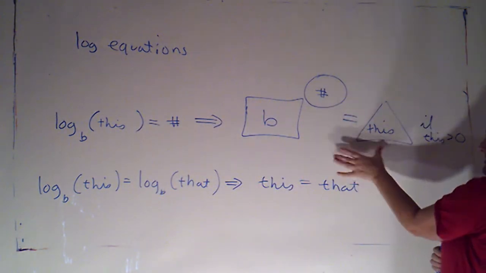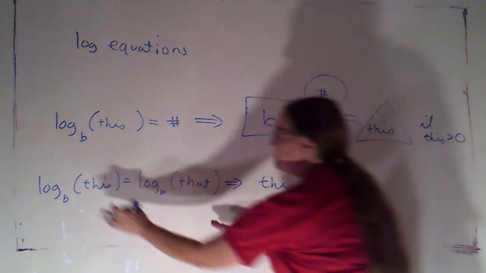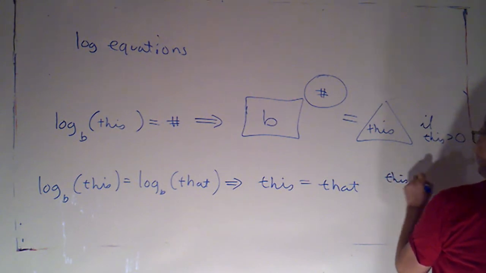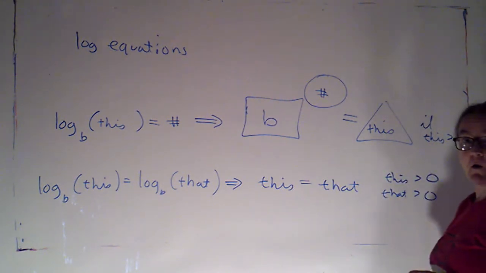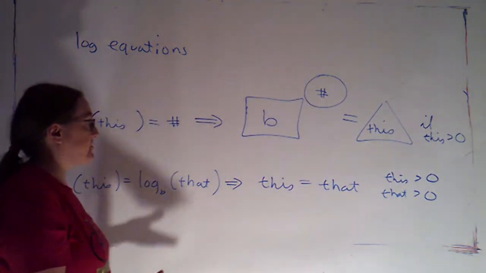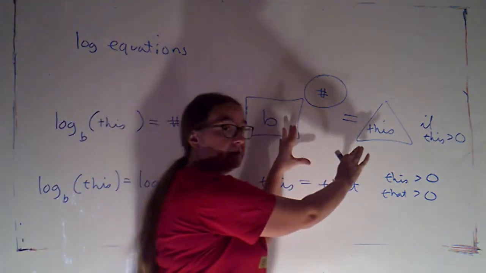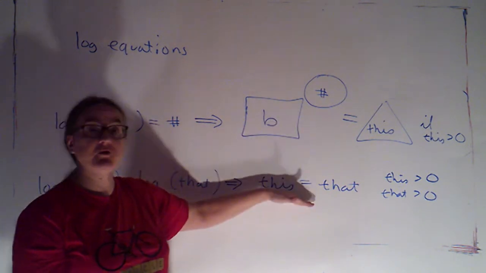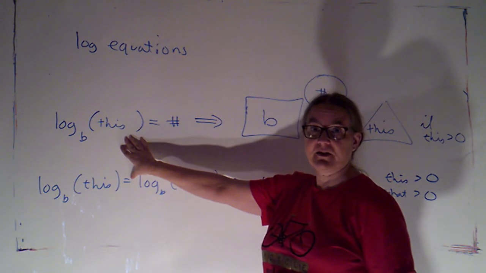Otherwise, I'm going to get something that just isn't true. Okay. And here, both arguments, what I'm calling this and what I'm calling that, both have to be bigger than 0. Now, it's possible that when we try to solve our equations, and we go from the versions with logs to the versions without logs, we're going to have some numbers that are solutions to these equations that are not solutions to these original equations.